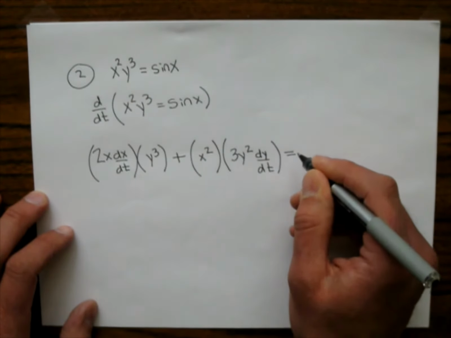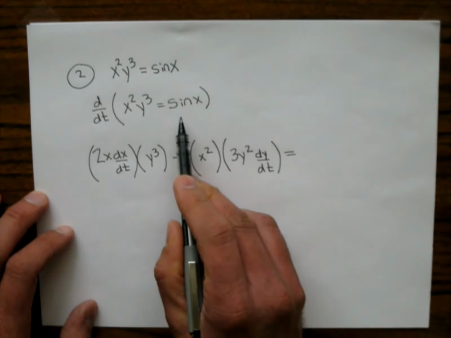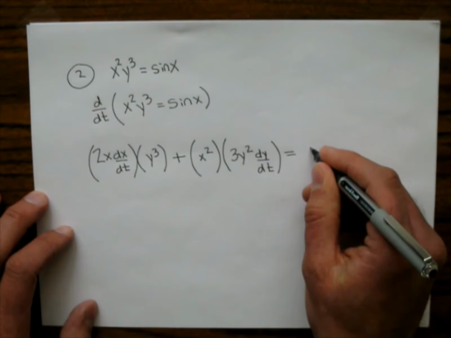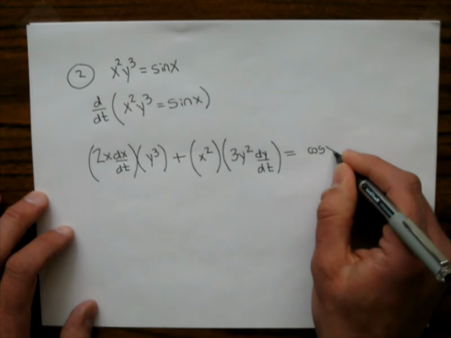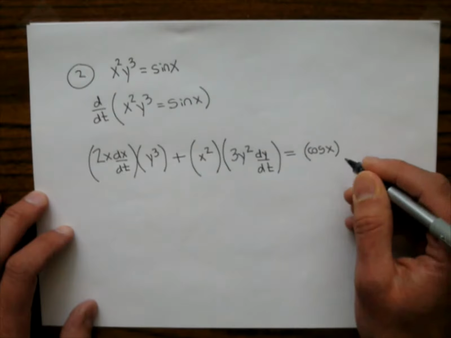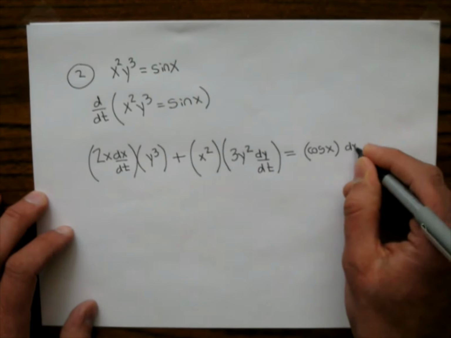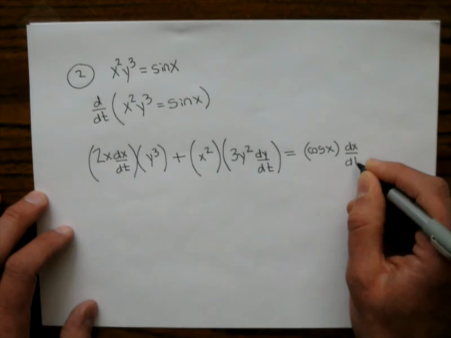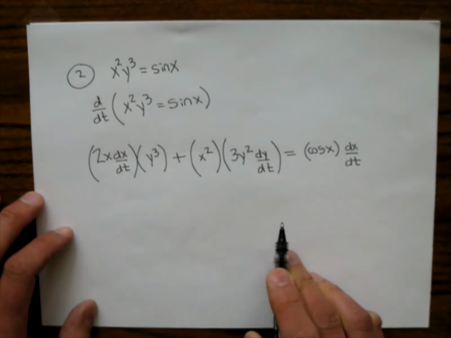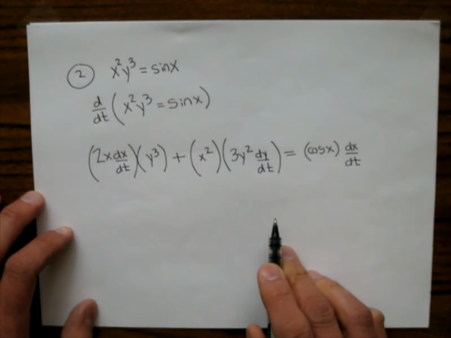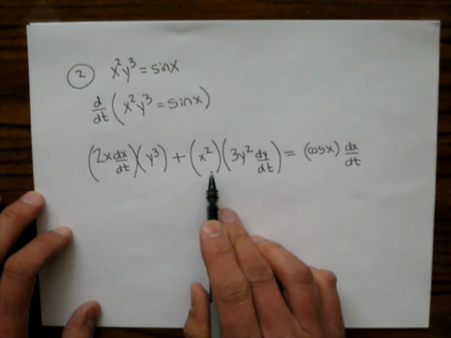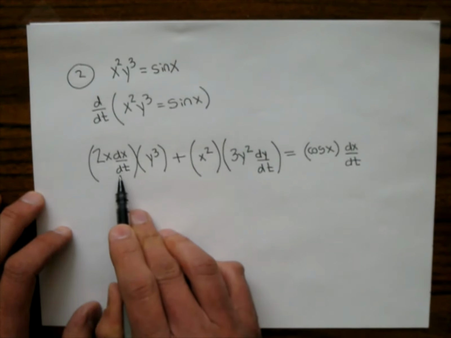This equals the derivative of sine x, which is cosine x, times dx dt. So this should remind you of implicit differentiation. With that we were differentiating with respect to x. And when that happened, we did not put an extra dx dt because it was dx dx.